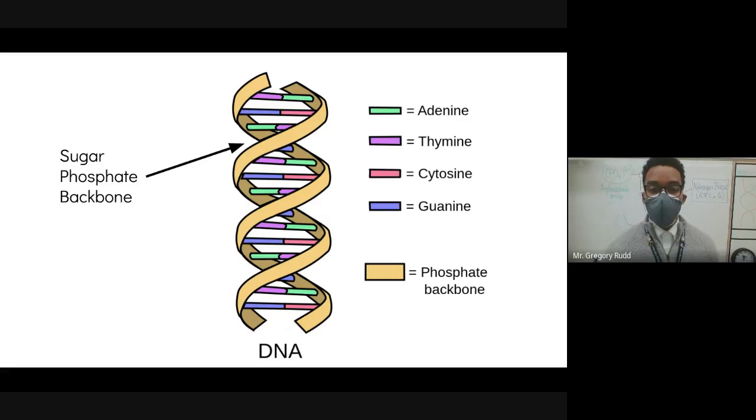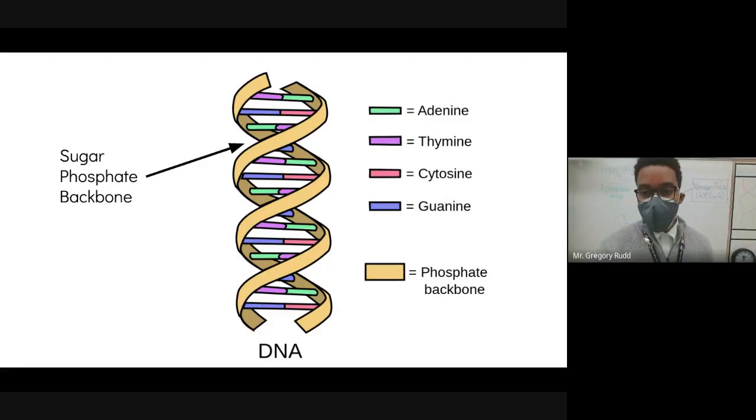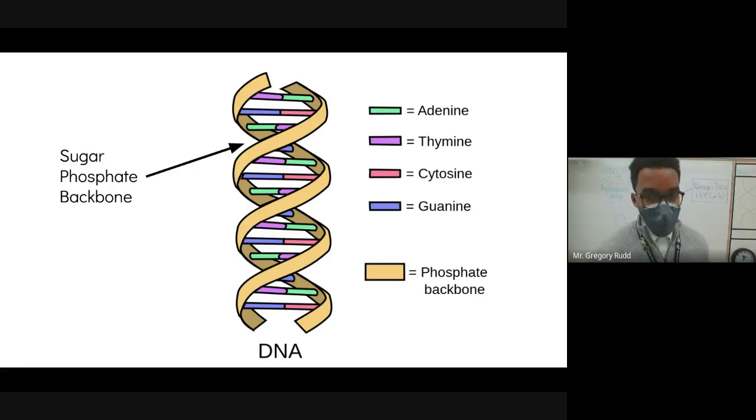What's the pattern? Somebody's trying to say purple, green, then blue and pink, and then green and purple. Good, and thank you, Abigail, for that contribution too. The purple and the green are always together.